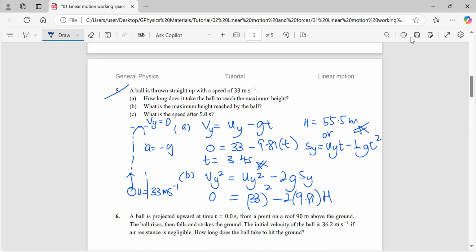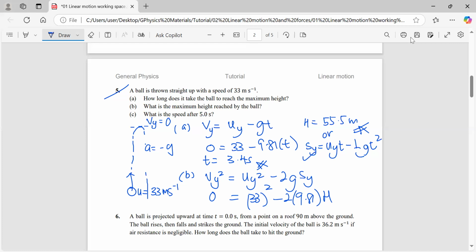You know your initial speed 33 multiplied by the time that you already found in the earlier part, 3.4, then minus half times 9.81 times t squared. Since you already calculated the time, you can substitute it inside and find your s_y. Either way you can approach it, provided that you know what information you have to solve the problem, and which formula to use.